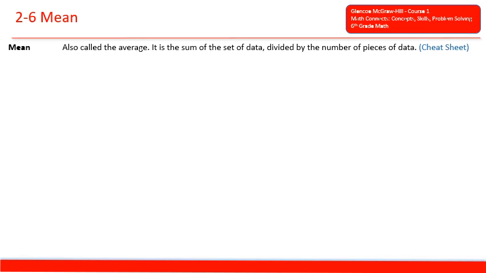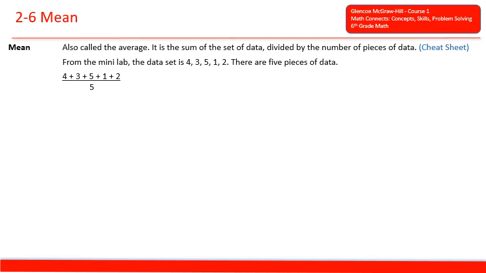Mean, also called the average, is the sum of the set of data divided by the number of pieces of data. So from the mini lab, the data set is 4, 3, 5, 1, and 2, and there are 5 pieces of data. That's before the 6th day of 9 inches.